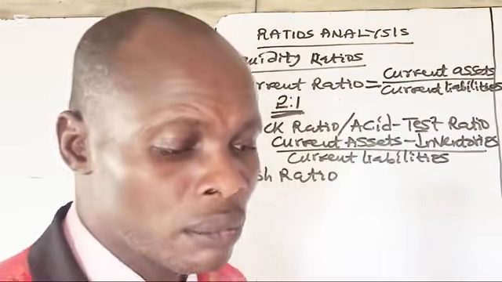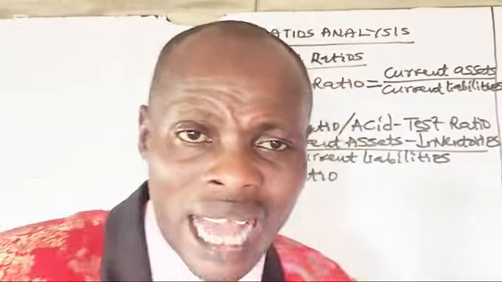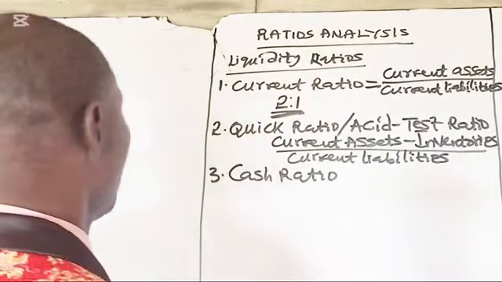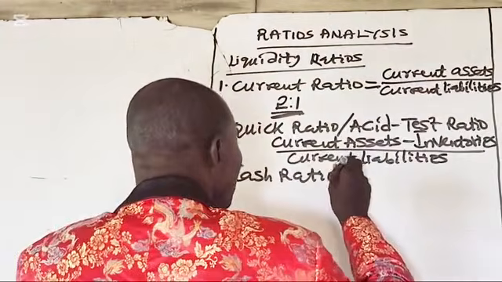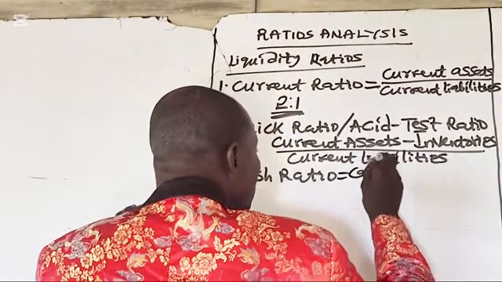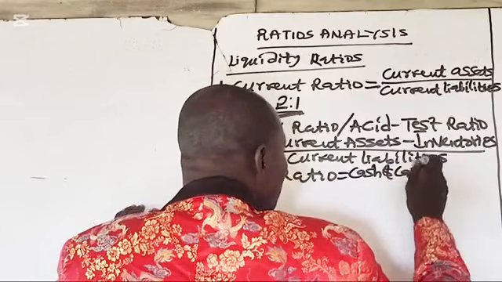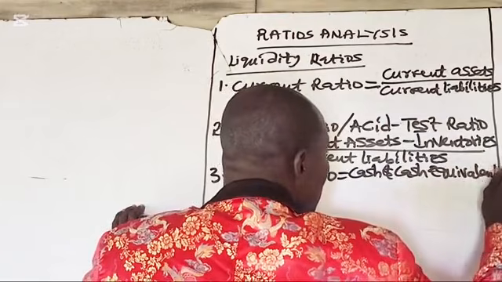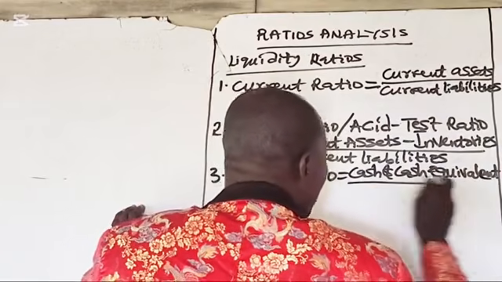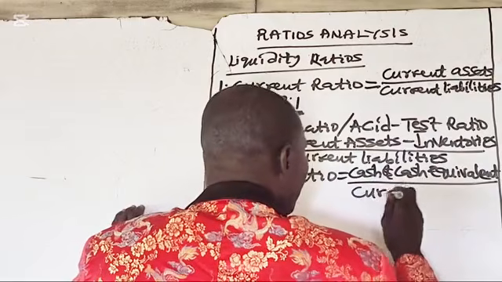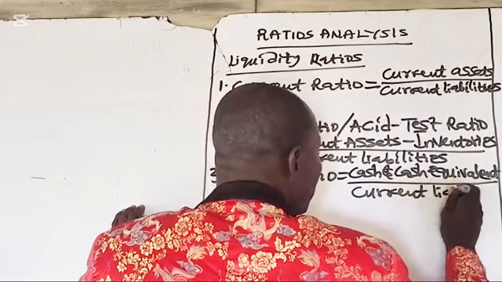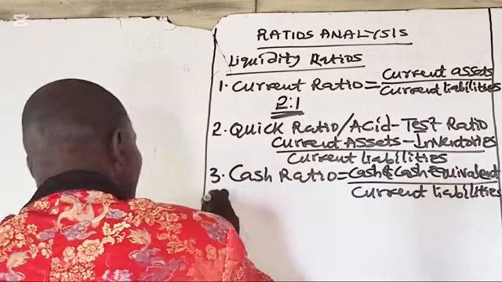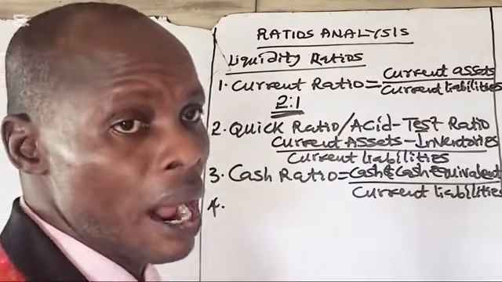Therefore, cash ratio is the ratio of cash and cash equivalents over current liabilities. Cash and cash equivalents over current liabilities.